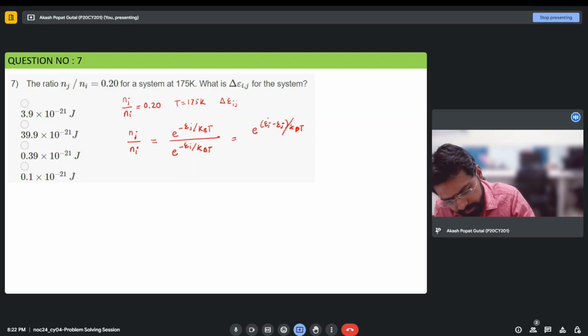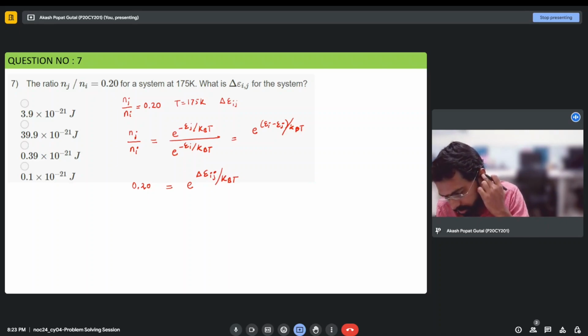And we need to find this epsilon i minus epsilon j. So if you do the same thing, it's 0.20. Let's say it's epsilon ij by kBT.